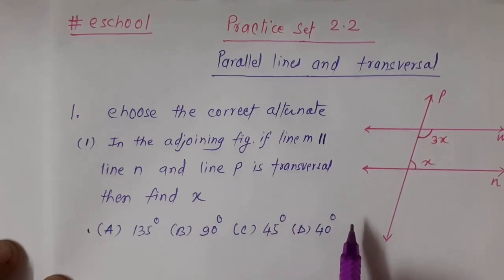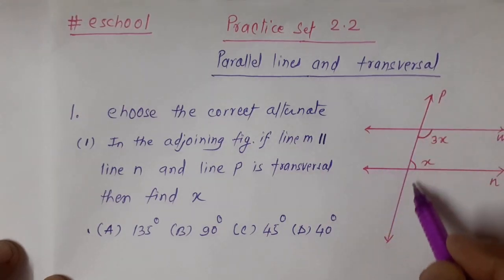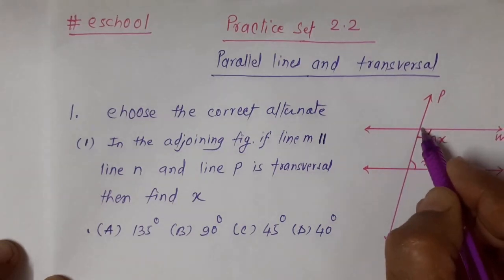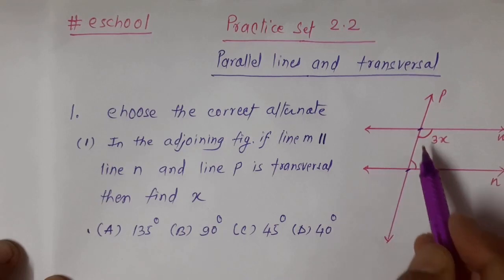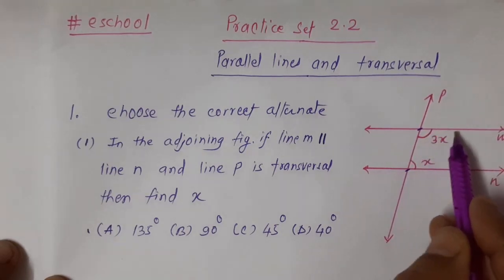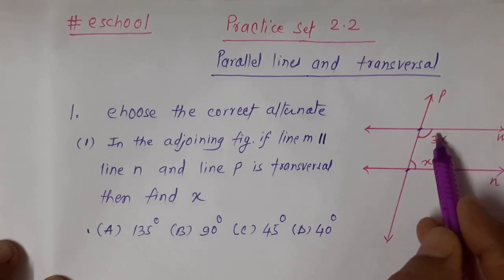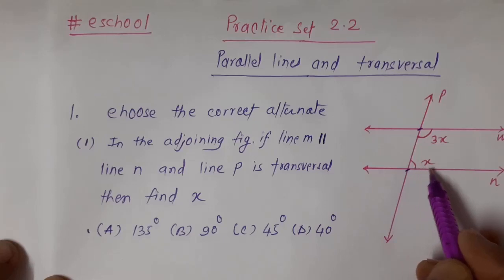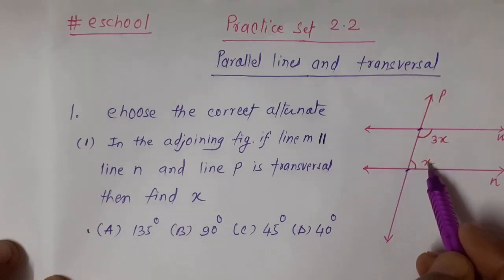You know that when two lines are parallel and one line is a transversal intersecting them at two points, it makes some angles, and here these are the two pairs. If I take this 3x and x, these are the interior angles.